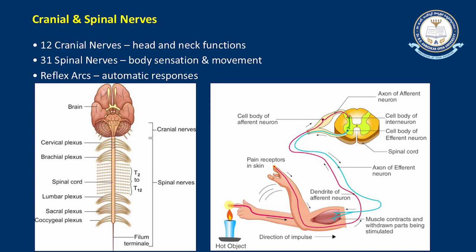Right? Now, after learning the anatomy and the reflex arc, we're going to learn about the physiology of nerve stimulus. The nerve is the basic unit of the nervous system. It's called a neuron, the basic cell of the nervous system. You have the cell body followed by the axon, and you have the dendrites.